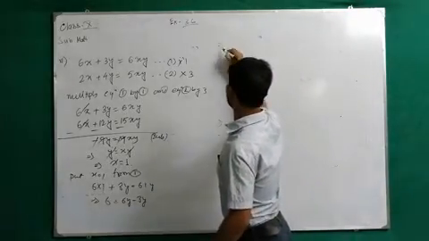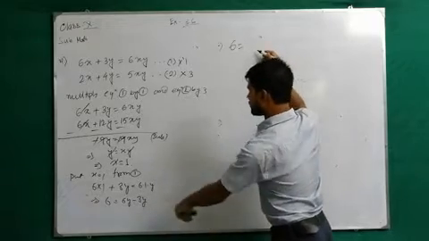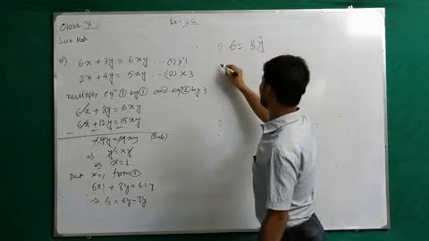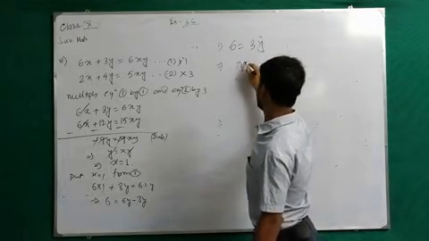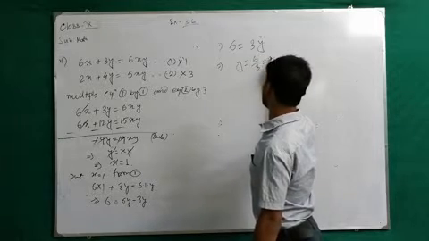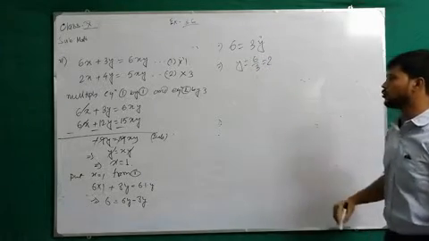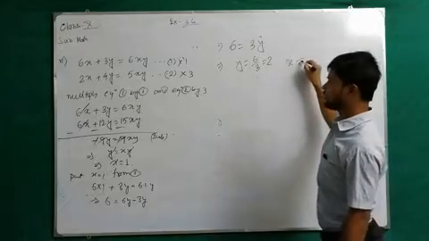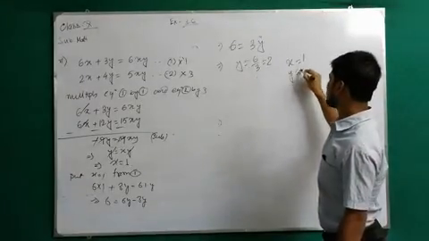That means 6 is equal to, so 6 minus 3, which is equal to 3y, means value of y equal to 6 by 3, which is equal to 2. Therefore solution of the equations are x is equal to 1 and y is equal to 2.